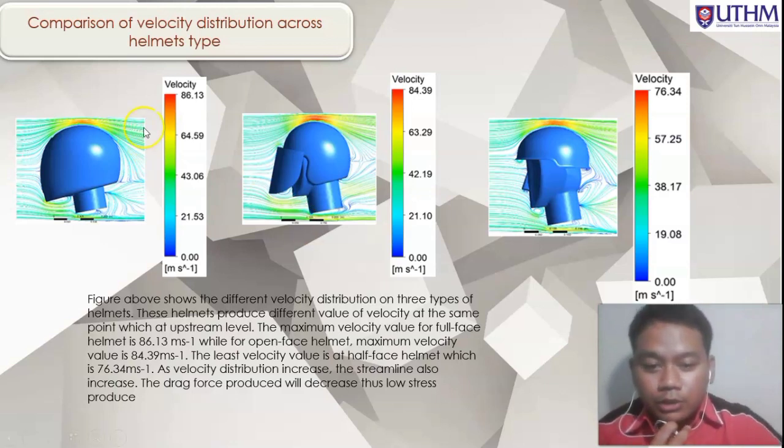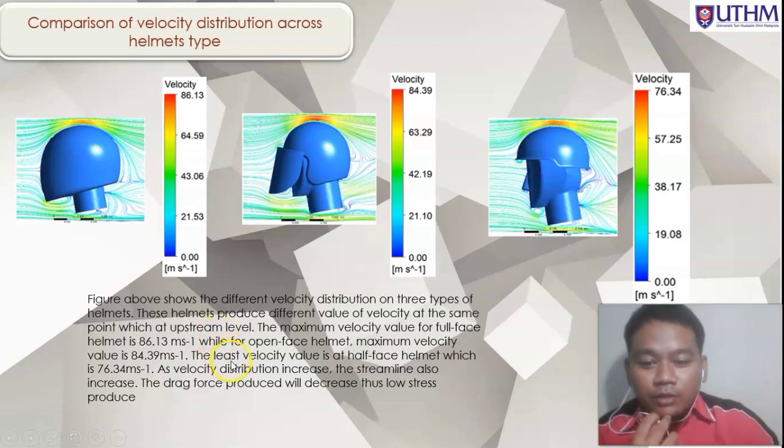The maximum velocity value for the full face helmet is 86.13 meters per second, while for the open face the maximum velocity is 84.39 meters per second. The least velocity value is at the half face helmet, which is 76.34 meters per second.